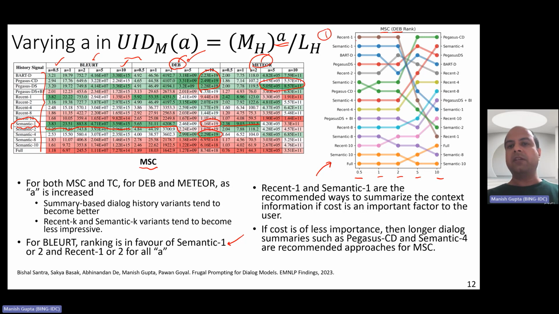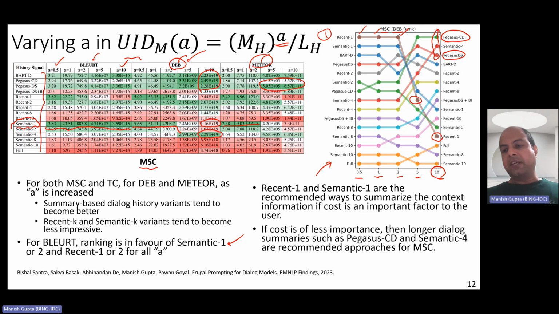So recent one is really awesome for small values of A. For small values of A, it is the best way of encoding your dialogue history, right? But then it really drops in rank as you increase the value of A. In fact, what gains in rank is Pegasus CD summary, okay? So summarization methods, Pegasus CD or Pegasus DS, become really good as you have larger values of A, okay?